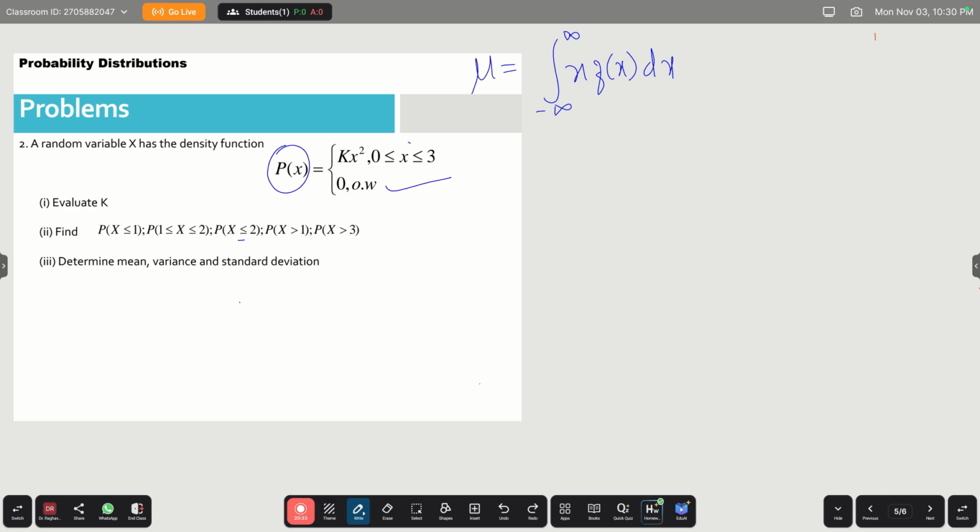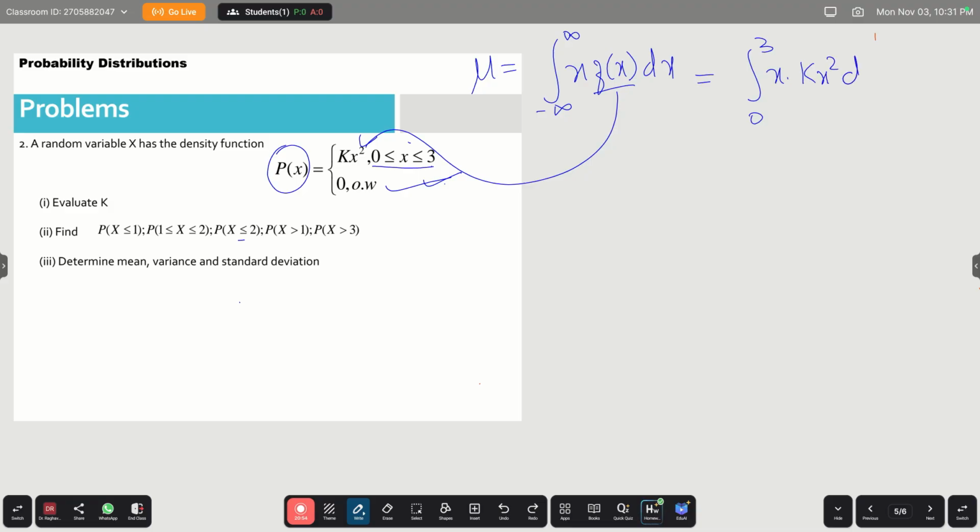Up to 0, from minus infinity to 0 it is 0, and after 3 also it is 0. Only from 0 to 3 we have a non-zero function. So this will be 0 to 3, x multiplied by f of x. And what is f of x? F of x is kx square.